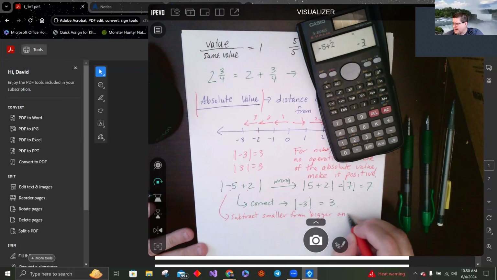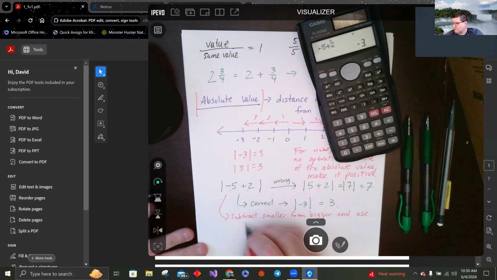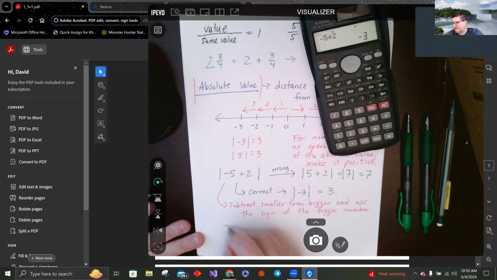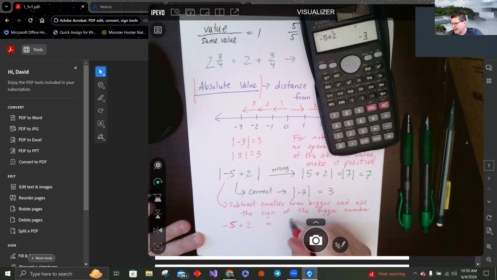And use the sign of the bigger number. So -5 plus 2. I'm going to do 5 minus 2. And since 5 is bigger, I'm going to do the negative sign on the outside. -3.